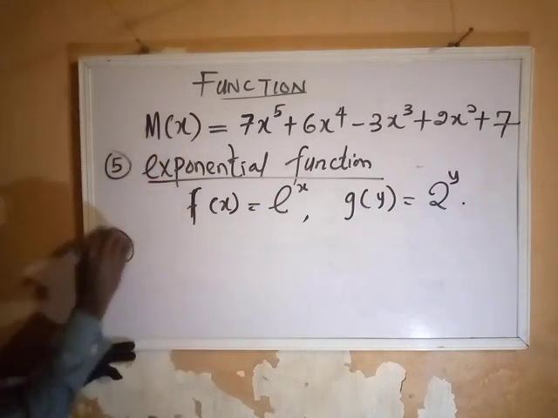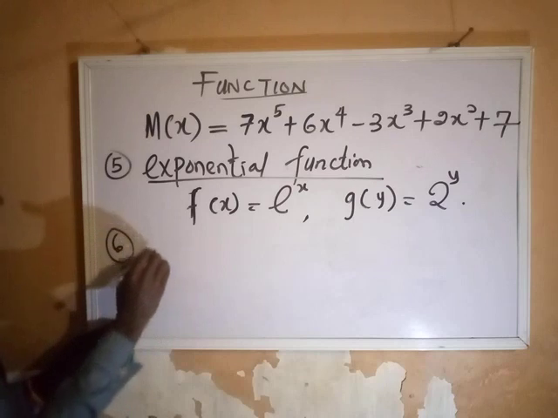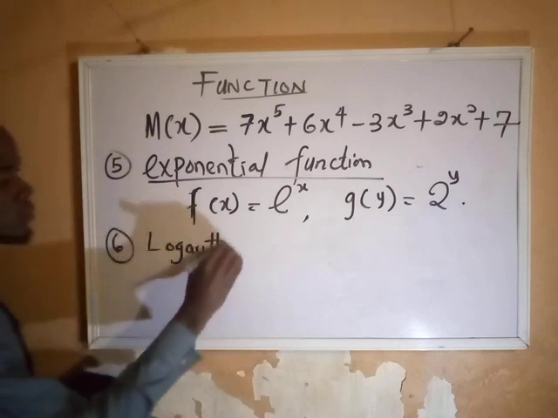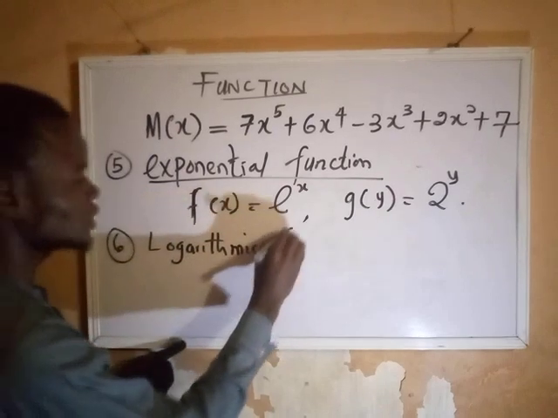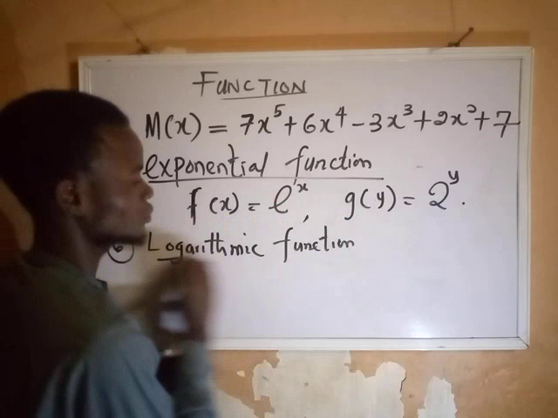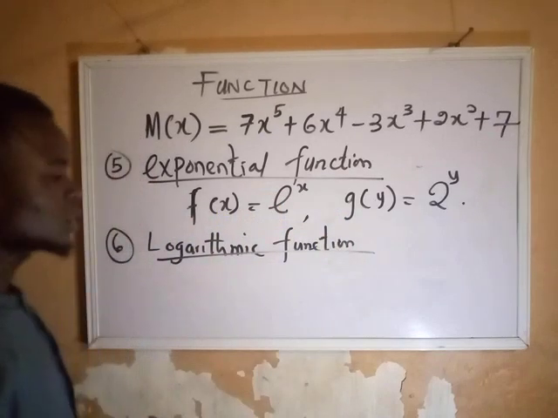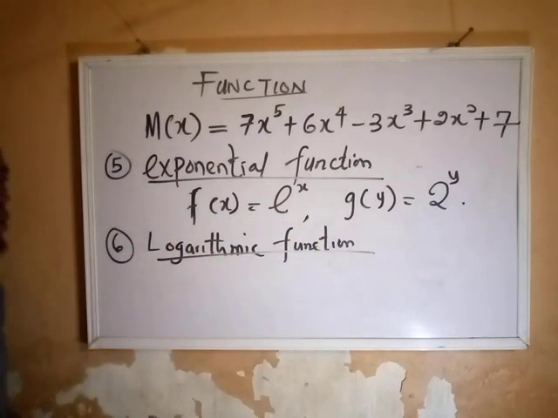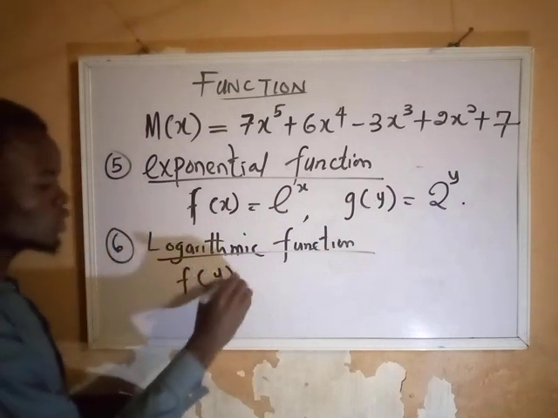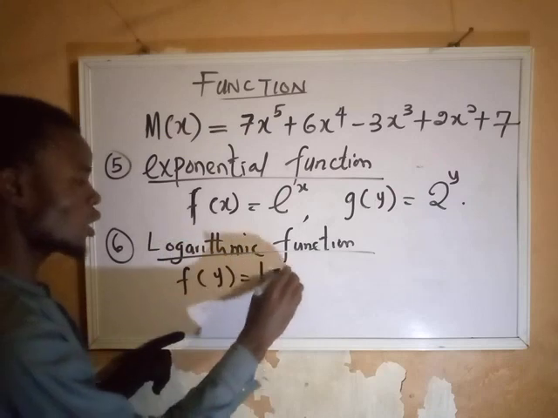So the next function I'm going to consider is the logarithmic function. The logarithmic function is the one that takes on logarithm values. Let's say we have f(y) equals log of y.